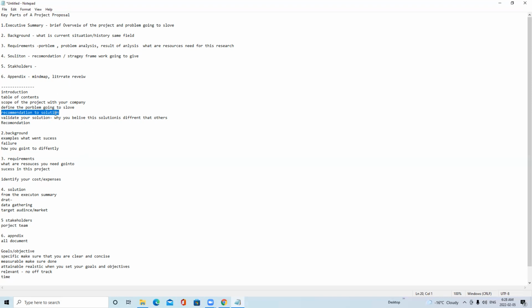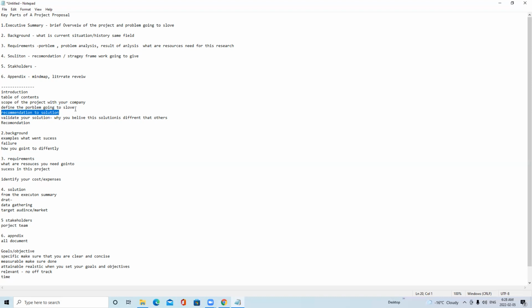because the summary is your brief page to capture the audience. When the audience sees this summary, the table of contents will tell them the scope of the project, what you are going to resolve, the problem you are defining, and the recommendation for the solution.